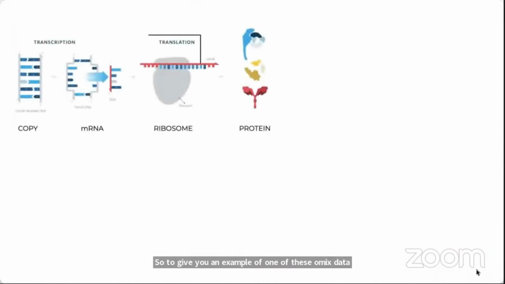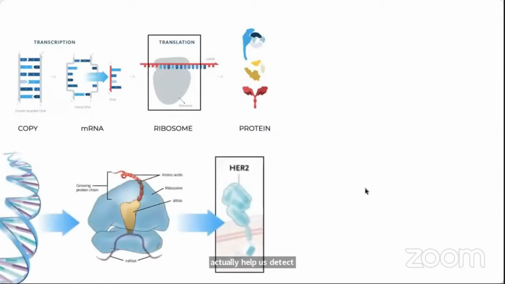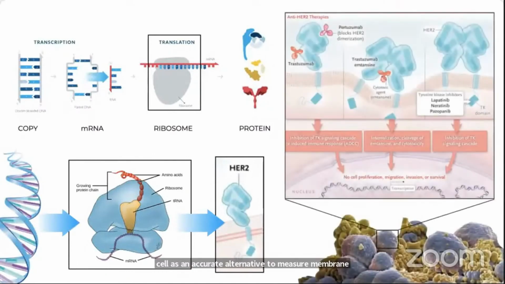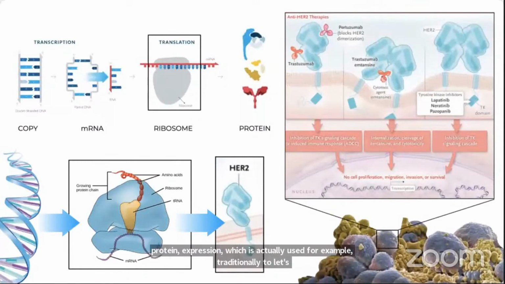So to give you an example of one of these omics data types and how they are used and how they actually change the approach: as a method of measuring RNA translation, transcriptomics studies can help us detect mRNA expression inside a cell as an accurate alternative to measuring membrane protein expression, which is traditionally used, for example, to characterize tumor histologically.